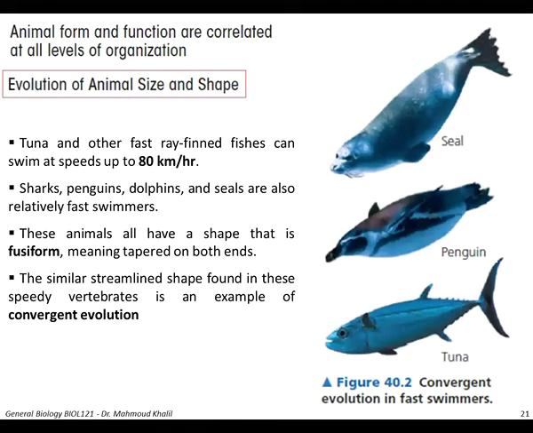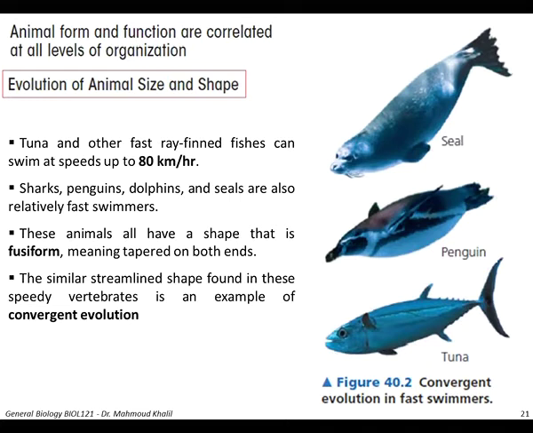As well, you can see here that some animals have evolution in their size and shape. All of these three animals, seal, penguin and tuna, have something called convergent evolution. What is convergent evolution? It means that different animals mainly aim to have, in this example, an adaptation that enables the organism to be a fast swimmer.